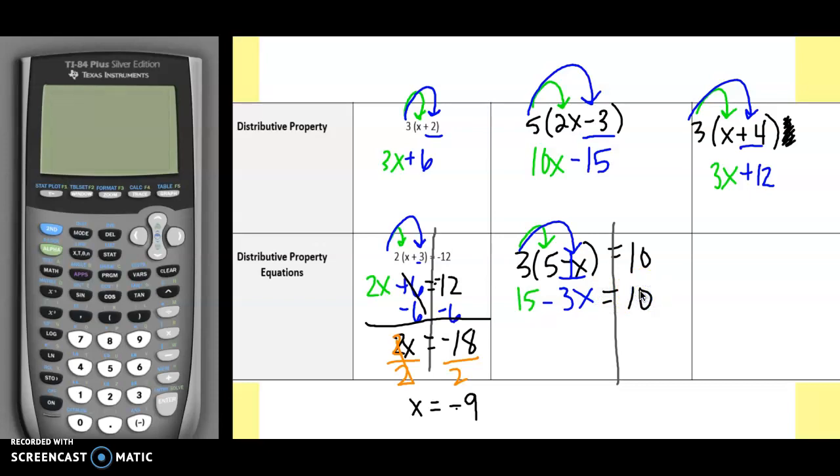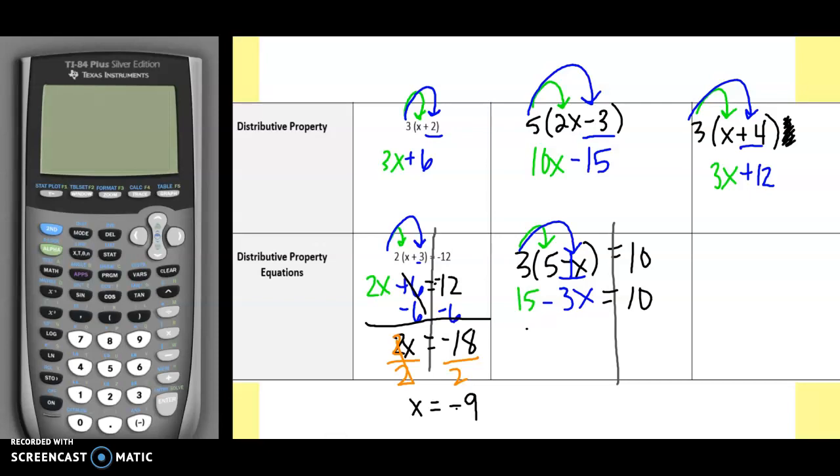From here, this is a little bit trickier for one. We have a positive 15 and then a negative 3 that's being multiplied with our x. So sometimes I think the colors do help here a little bit, that the negative is kind of attached to the 3, even though we're tempted to say minus, and it is kind of minus. But we want to think of it as attached to that 3, which is being multiplied with my x.